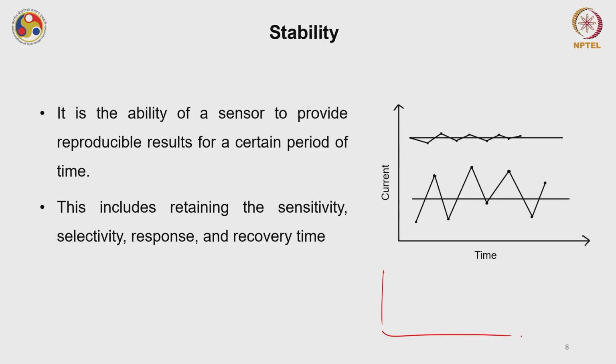Say I have a sensor and I am exposing it to some analyte, but the analyte is absent for multiple days or multiple hours. If in that case the baseline current or baseline resistance or baseline voltage is giving the correct value, say at time equal to 0, I have found that a current I naught is flowing in the sensor, which is my baseline current.